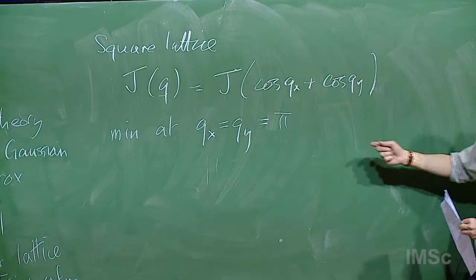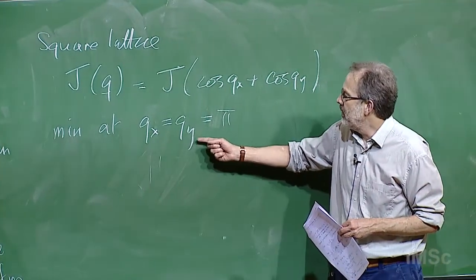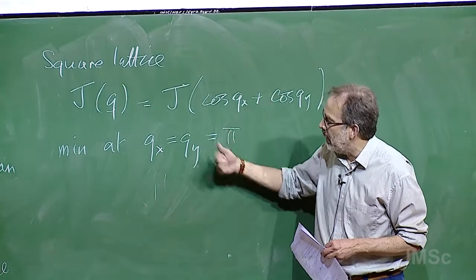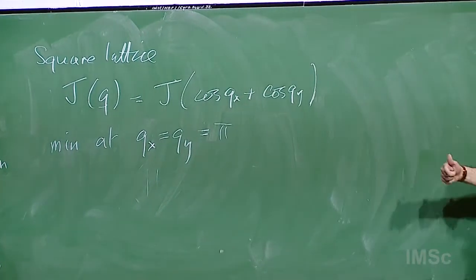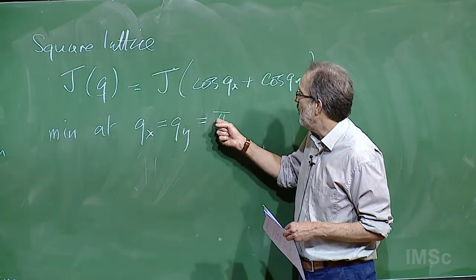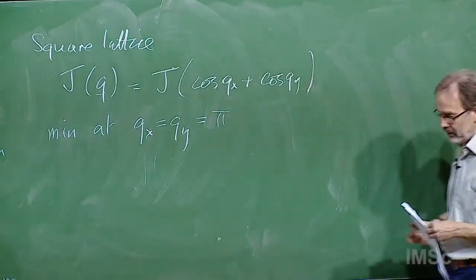The crucial thing here is that this is unique apart from the symmetries of the lattice, which gives us similar points at minus pi, and so on and so forth.